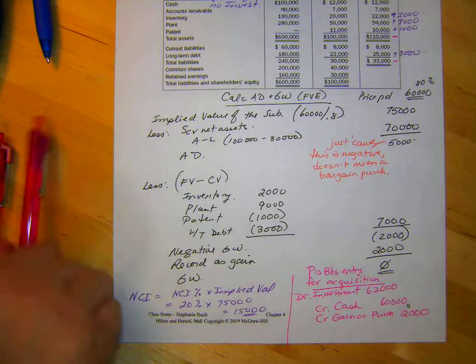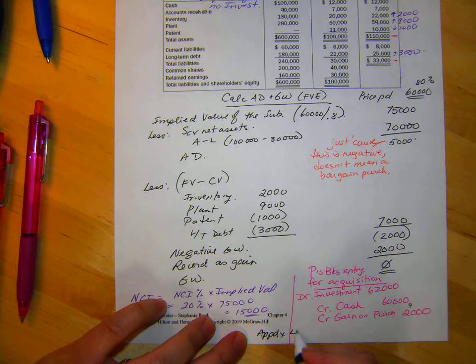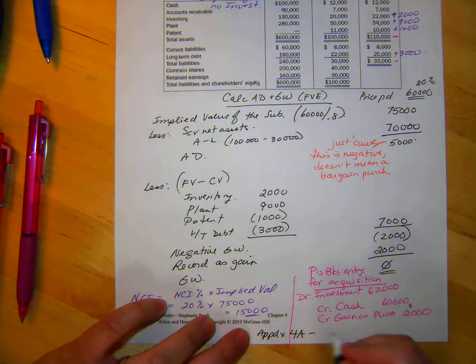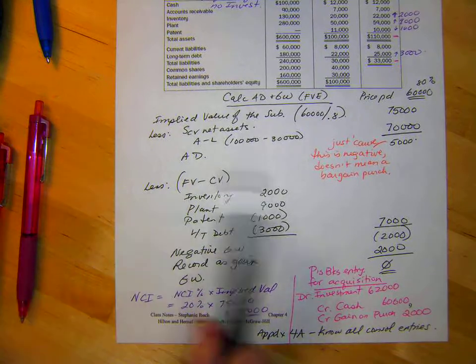And then, of course, in Appendix 4A, you have all the consolidation entries. We won't do them here, all of them are the same.